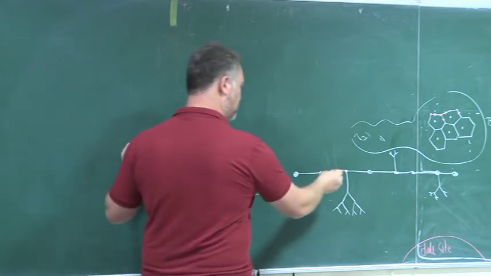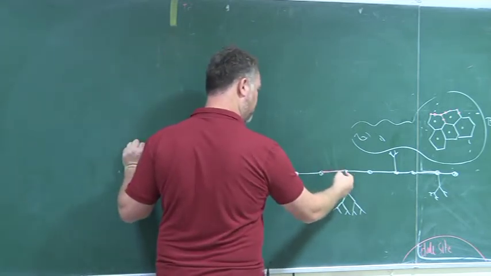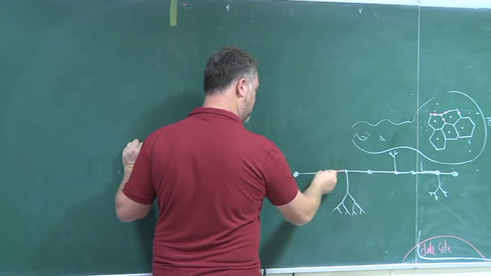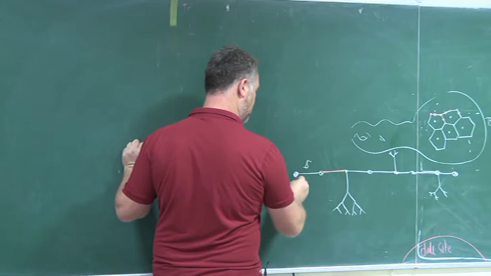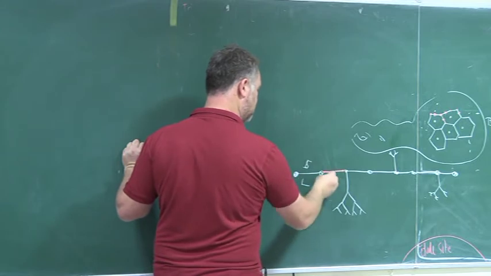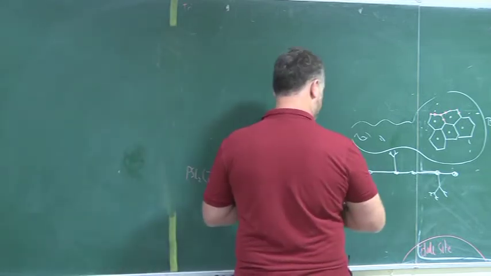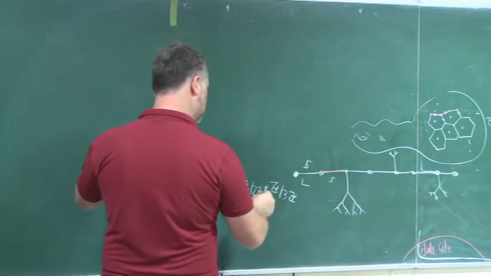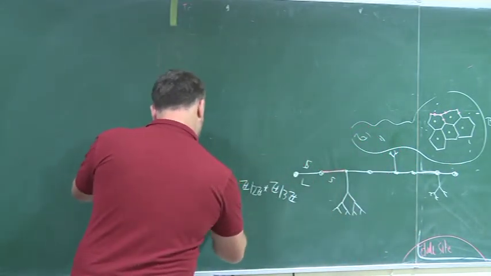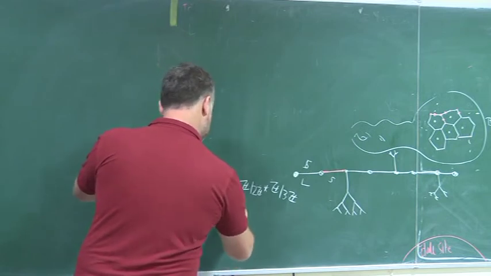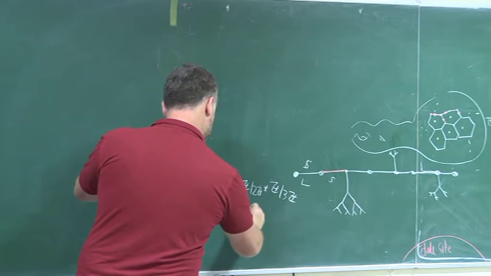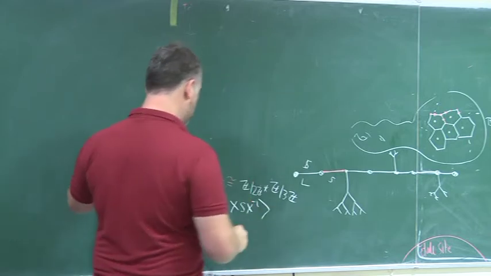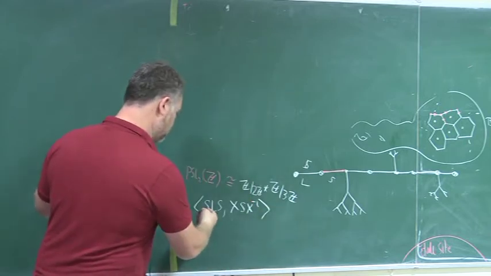If we compute this fundamental group, I'm going to have some loop, something like S, L, S, and another loop which turns back. So this is going to be generated by something like S, L, S, and X, S, X to the power minus 1.